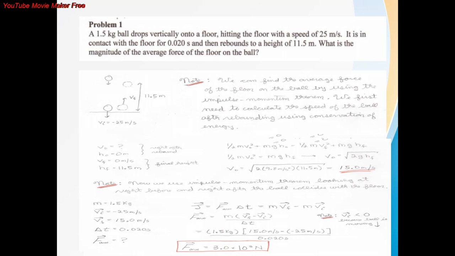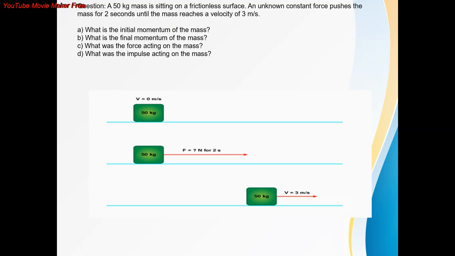This is one numerical. Another numerical I want to discuss with you. In this numerical, there is a 50 kg mass sitting on a frictionless surface. When this mass is here, at that time the velocity is 0 meter per second.